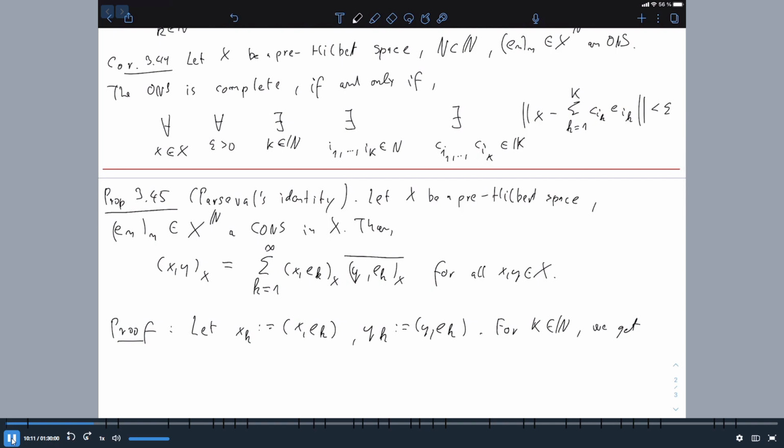So for this, we just look at the partial sum. We check what is happening if we only sum up to element k.